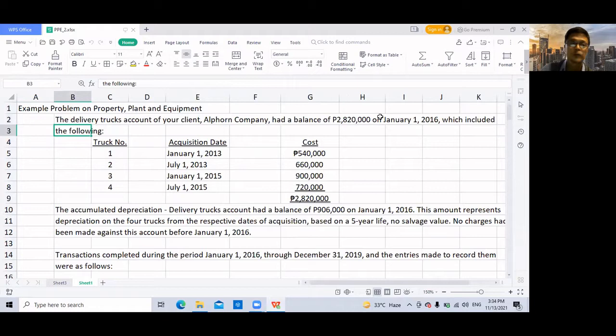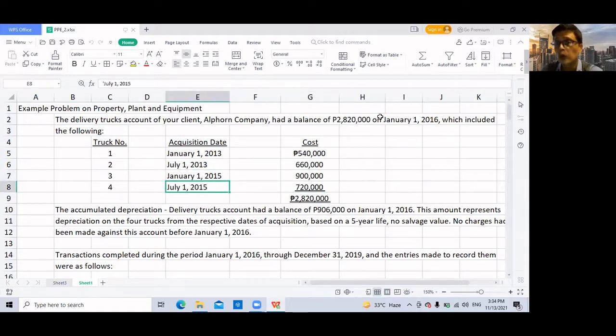So ito raw yung mga fleets of trucks niya. So we have truck number 1, 2, 3, and 4. The acquisition date is January 1, 2013 for 540,000. That's the cost. Truck number 2, that's July 1, 2013, that's 660,000. Number 3, that's January 1, 2015 for 900,000.